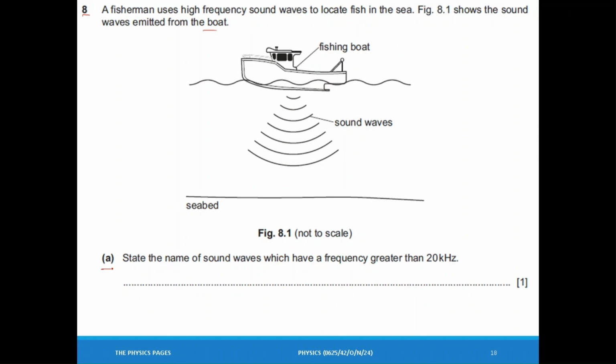Part A. State the name of the sound waves which have a frequency greater than 2000 Hz. Here, the prefix k represents kilo, and kilo means 1000.